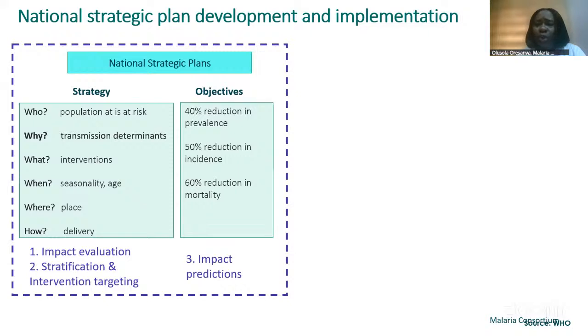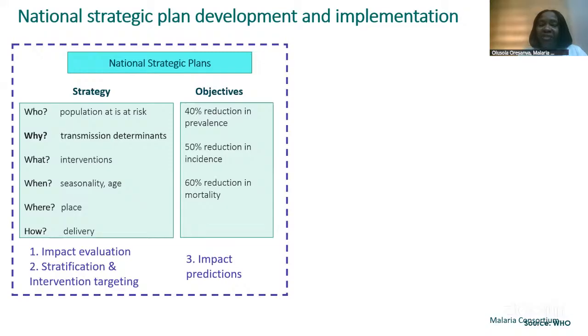The question is, what do I need to do to get myself there? And where do I need to target my intervention? Where is the highest risk? Where in the country are the people most at risk of malaria, and where is the burden highest? And what do I need to do in those areas to drive down the burden?